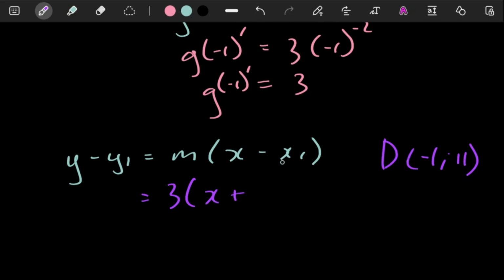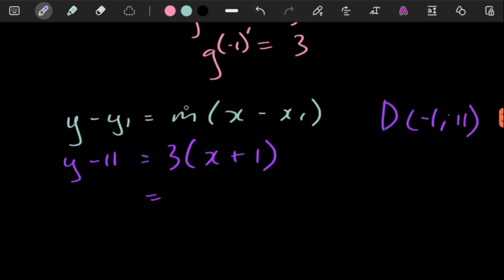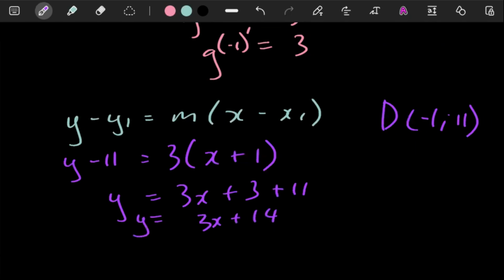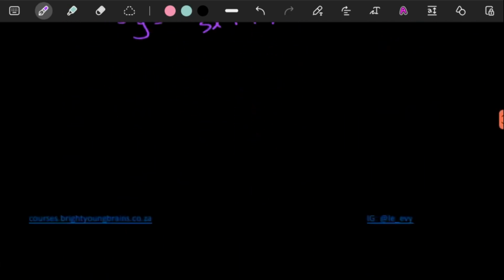So if you put -1 there, it becomes a positive, so that's plus 1. And then the y value is 11. If you multiply inside, you're going to have 3x plus 3. The 11 comes over, that's plus 11, and then you're going to have 3x plus 14. And that is the way we like it. Whew. Okay, that's not so bad.